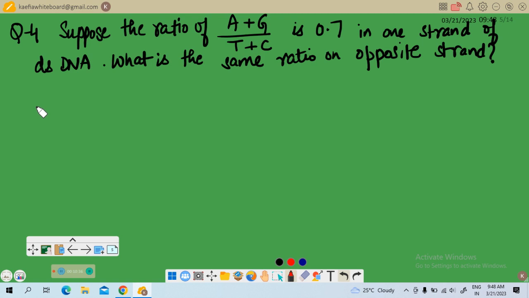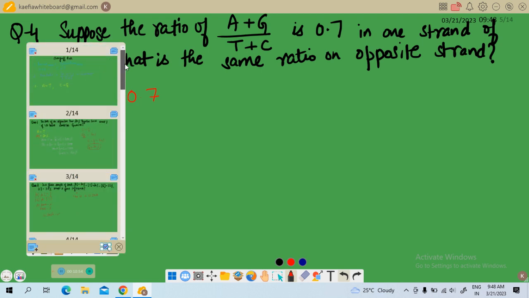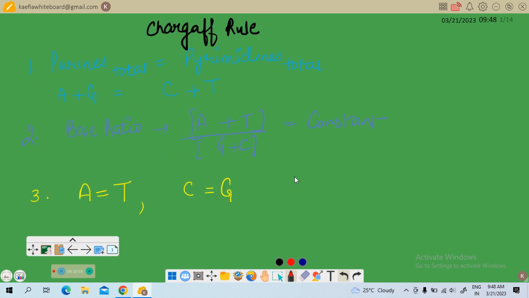Suppose the ratio of A plus G over T plus C, they have given 0.7. So they are asking same ratio in the opposite strand. Okay, 1 minute. A plus G over T plus C, they are saying. So this one, total purines equal to total pyrimidines.